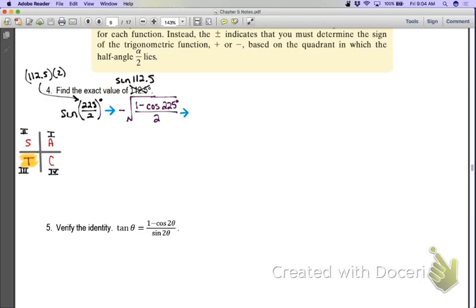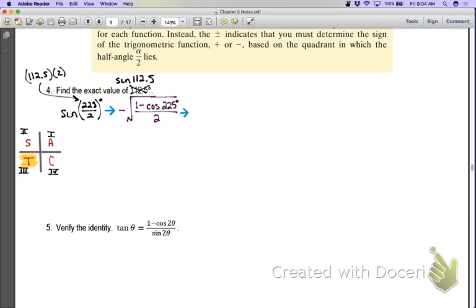From there, I need to change the cosine of 225 degrees into one of those values: square root of 2 over 2, square root of 3 over 2, 1/2, things like that. Which type of angle is 225 degrees? Is it a 30, a 45, a 60, a 90, or a 0 or 180 type angle? 45. It only makes sense, or it should, because it's the only one that ends in a 5. Hint, hint, nudge, nudge: it ends in a 5, so it's probably going to be the 45-degree angle.